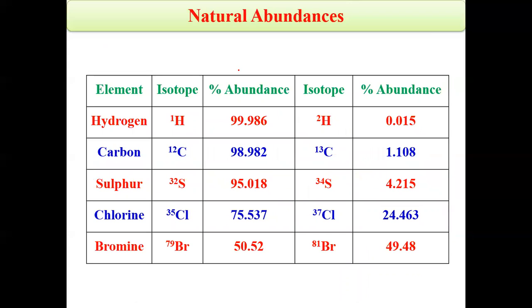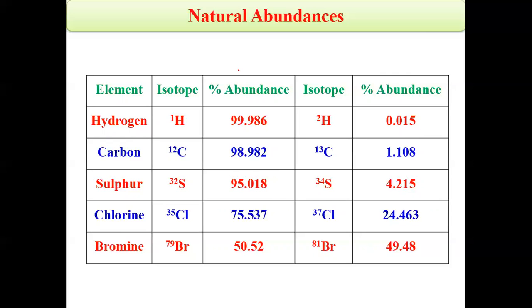Now this is another concept which we should know. The natural abundance of different elements will affect the appearance of the mass spectrum. Some of the elements can exist as heavier isotopes, some with considerable abundance, and some of the heavier isotopes have very little abundance. The commonly found elements in organic compounds are hydrogen, carbon, sulfur, chlorine, bromine.